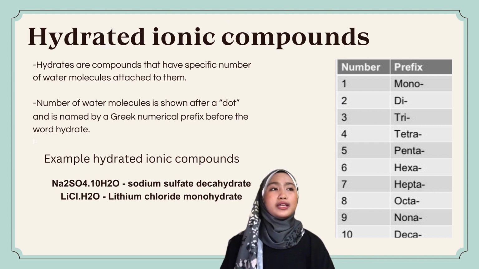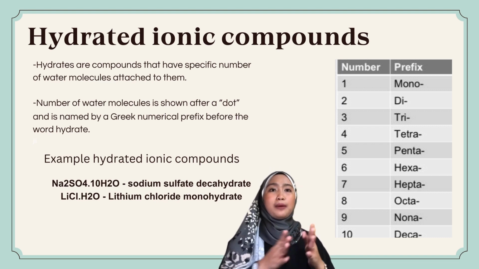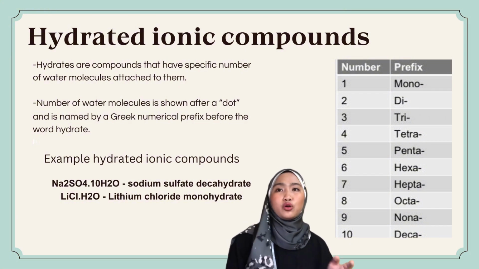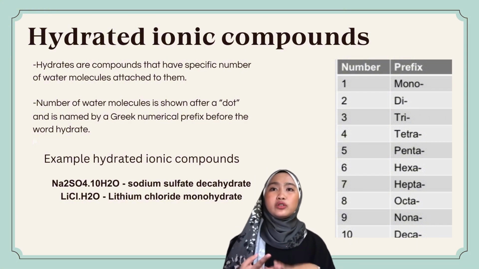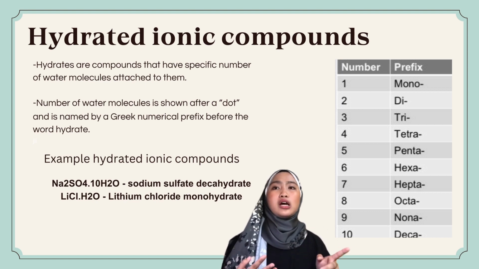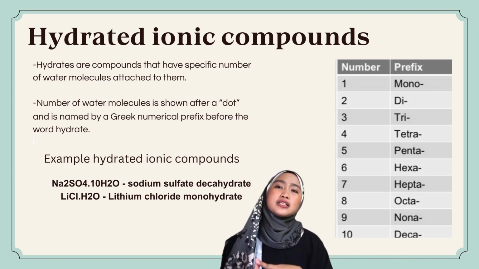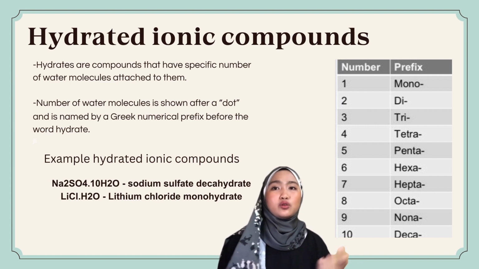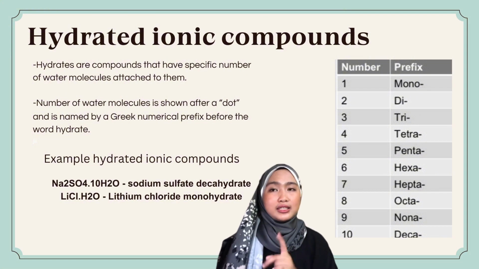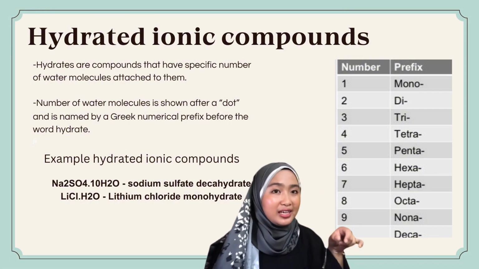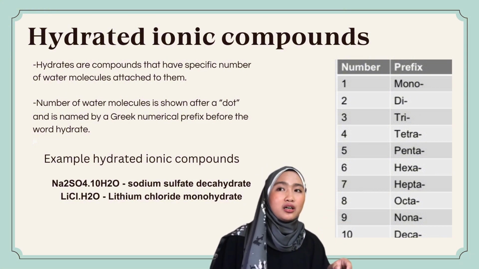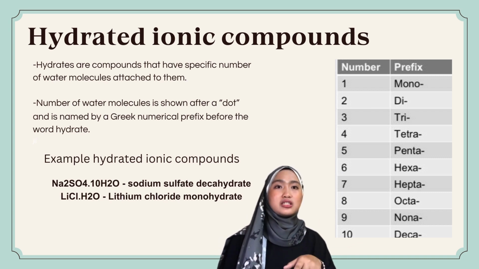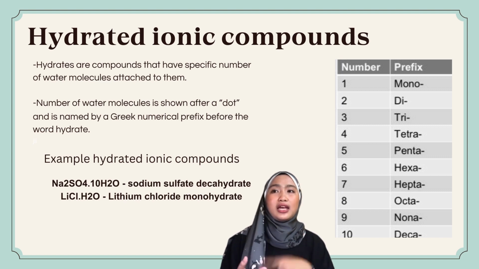In this table: 1 is mono, 2 di, 3 tri, 4 tetra, 5 penta, 6 hexa, 7 hepta, 8 octa, 9 nona, and 10 is deca. So you need to add the prefix to the ion that is given.